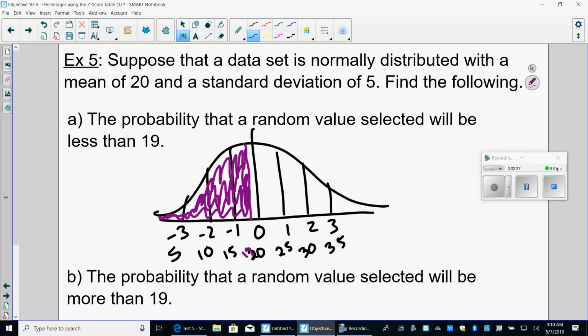We know how much percent's on the left side of the mean? 50%, and then there's 50% on this side. So you know it's going to be a little less than 50, okay? But we don't know exactly. So I'm going to hit the pause button. I want you to take 19, turn it into a z-score, use your table, and give me the percentage less than, okay?